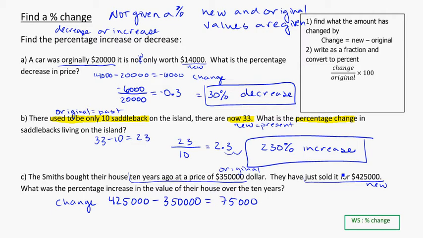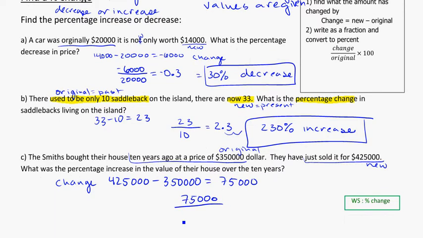It's increased. So that's my change. I put my amount changed over, again, the original. So I won't use the 425 because that's the new price. I need to use the original amount, 350,000, because I want to know the percentage change compared to the original. That's why I use the original there.